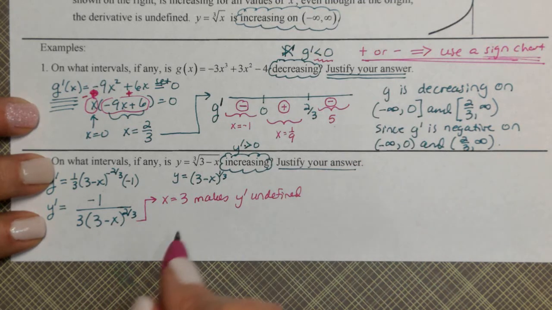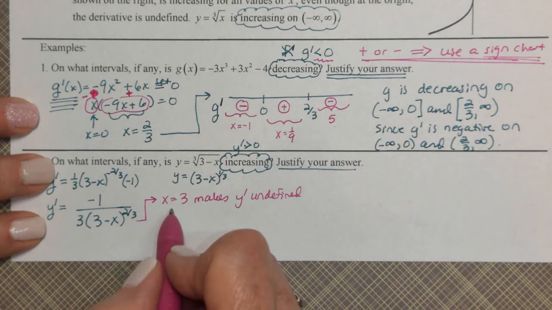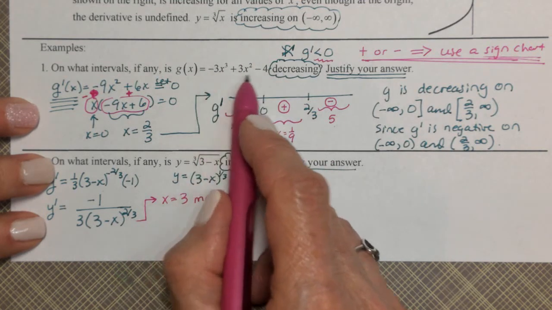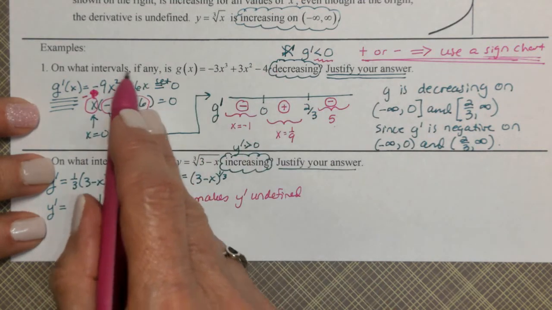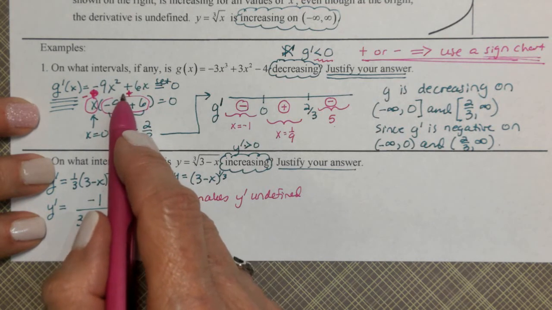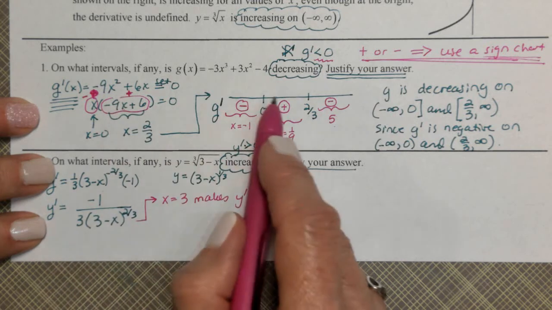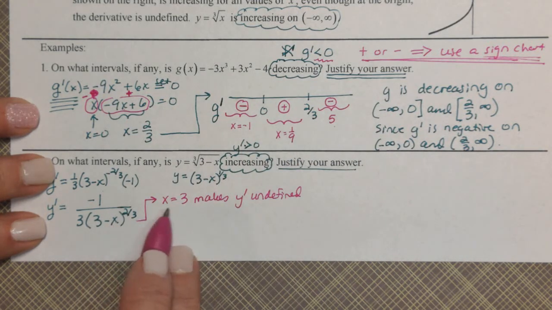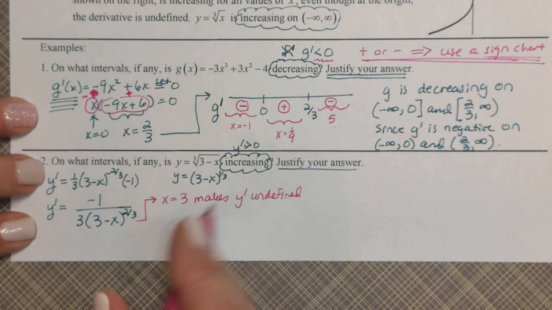So x equals 3 must go on our sign chart. In this previous example, the derivative had no denominator, so we didn't have to add any additional values to our sign chart. But this time we do. x equals 3 makes y prime undefined. We have to add that to our sign chart.